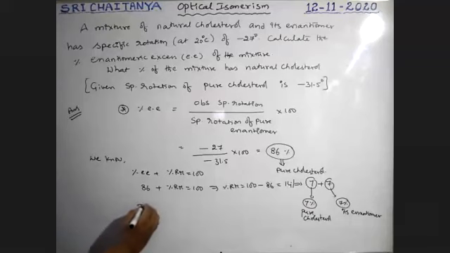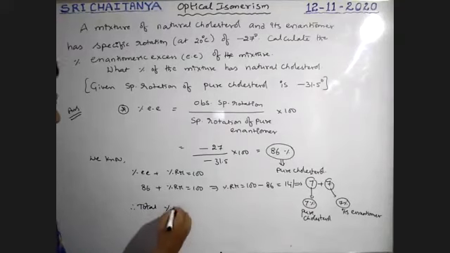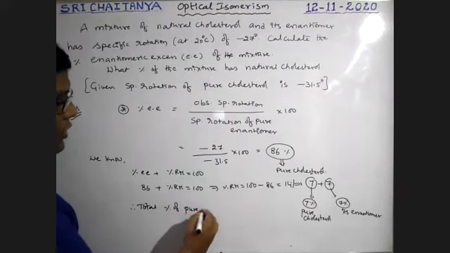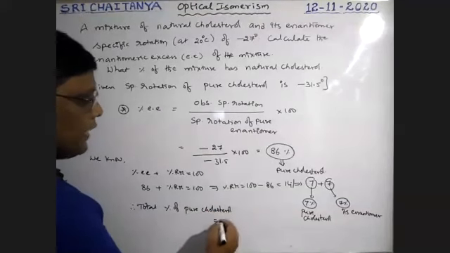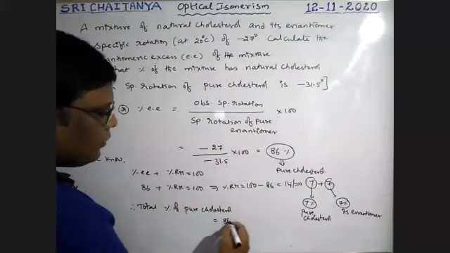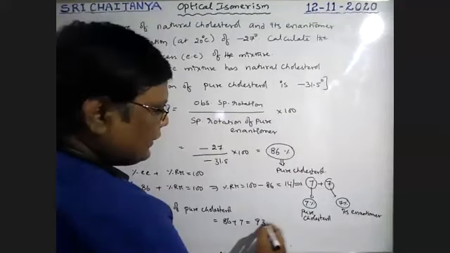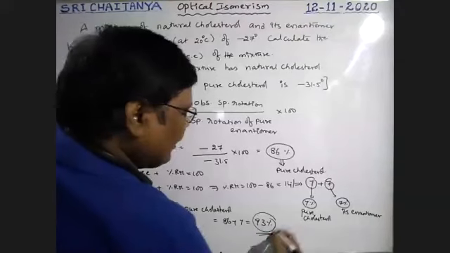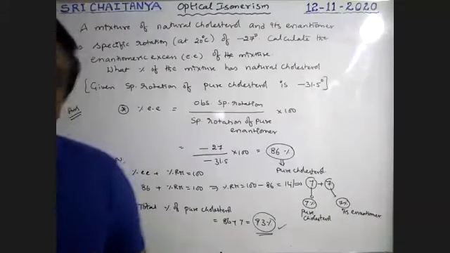Therefore, the total percentage of pure cholesterol is equal to this 86 plus this 7, which is equal to 93%. This is the final answer, boys. Okay.